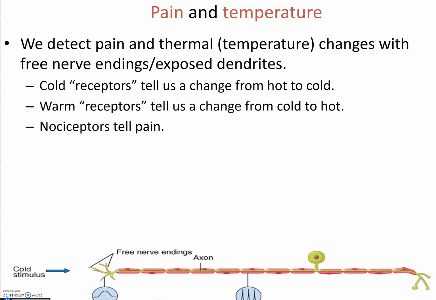And pain is caused by damaged tissue that binds to the dendrite. Cold and warm receptors change proteins. It tells you, are we going from hot to cold, such as jumping from the hot tub into the swimming pool, or from cold to hot, such as from the swimming pool to the hot tub. And nociception is pain. So our pain and temperature receptors are exposed or free dendrites or nerve endings.